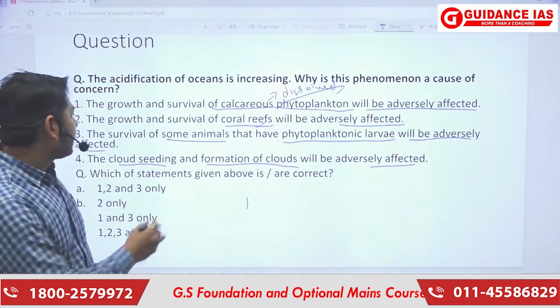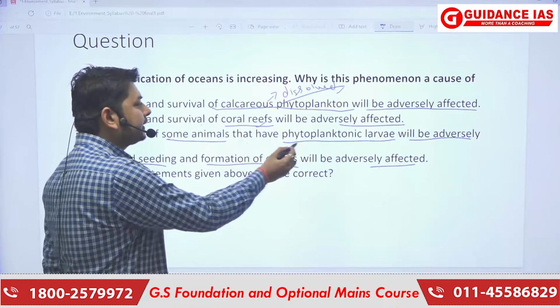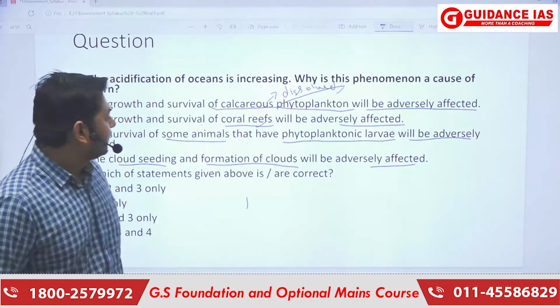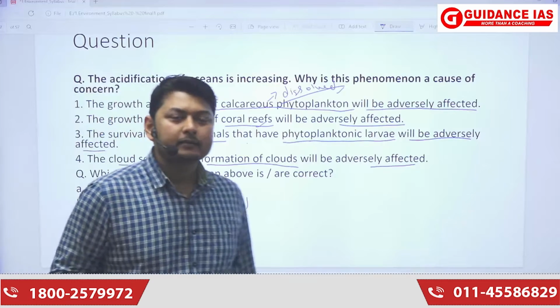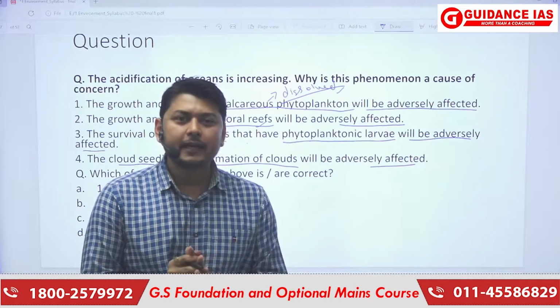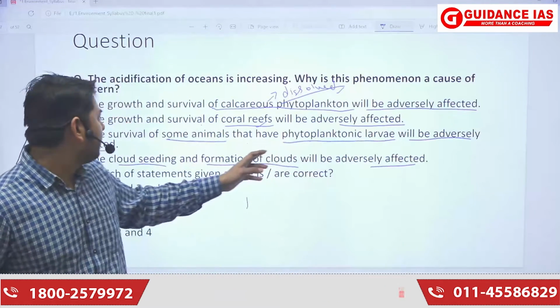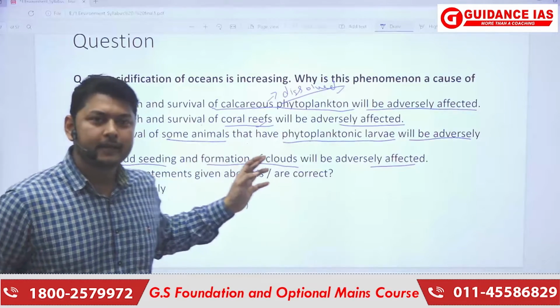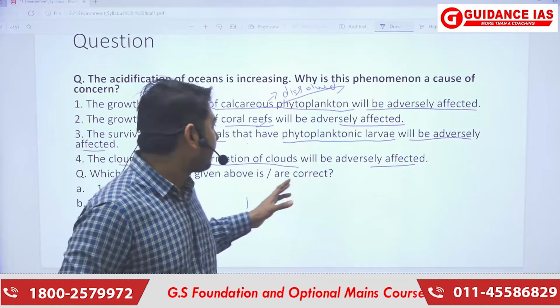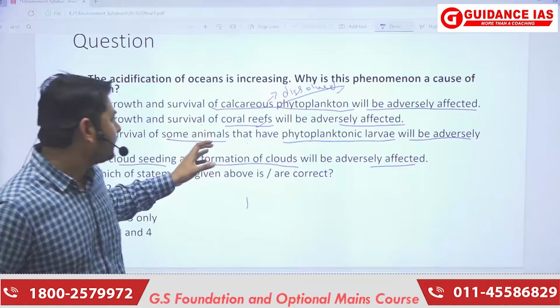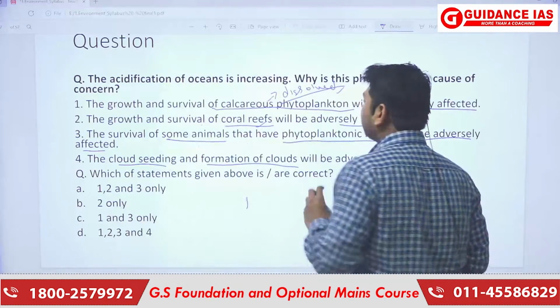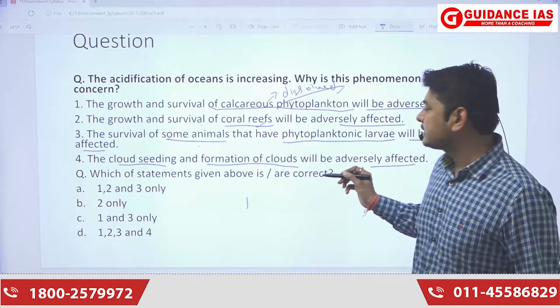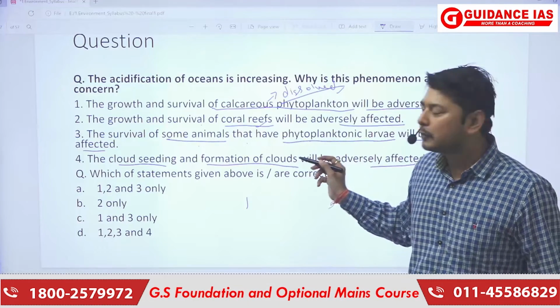But if the acidity increases, these phytoplanktonic larvae animals will get destroyed or affected, due to which the whole marine ecosystem will get affected. So it is clear how these animals will decrease because of the increasing acidity of the ocean.